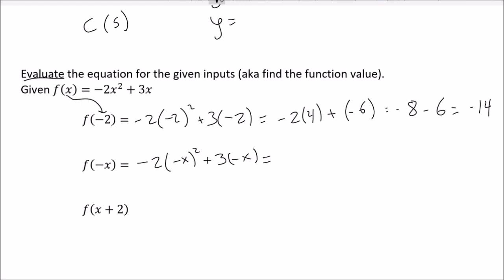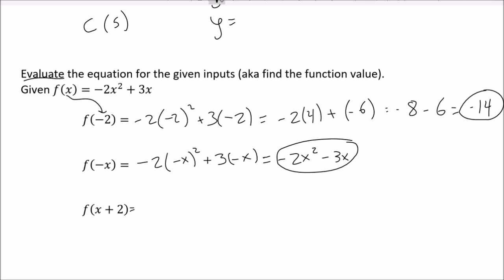When you square the negative, it goes positive. So we get -2x squared, and then 3 times -x, so minus 3x. For some people that's a little bit dissatisfying because they want it to be neater and cleaner, but that's a simplified expression. That's as much as we can do, so we're going to leave it alone.